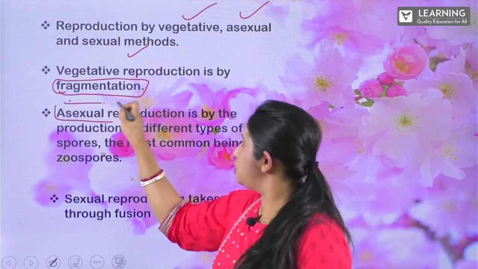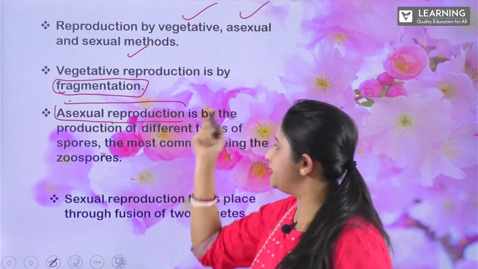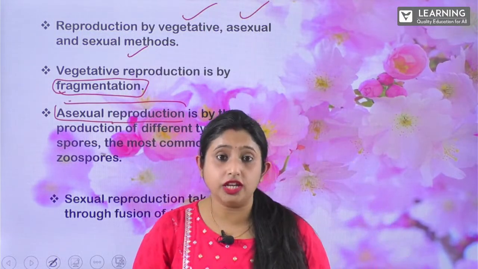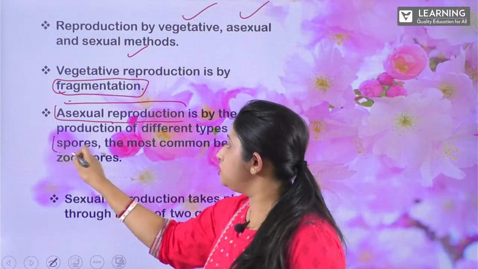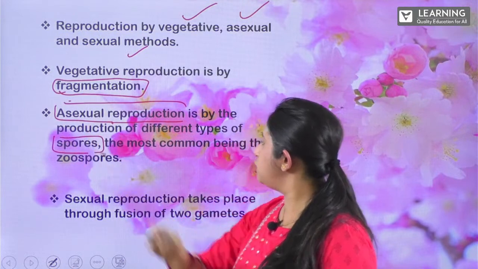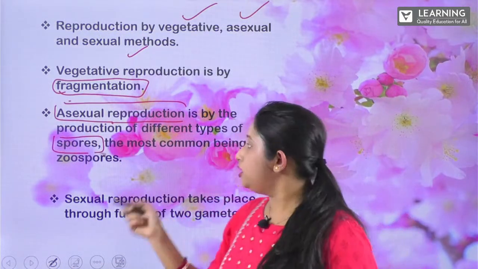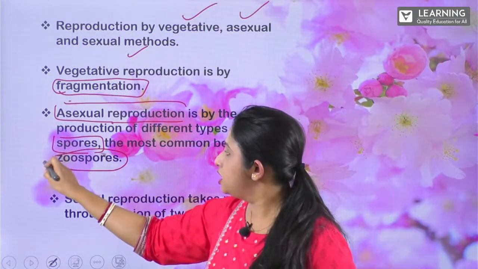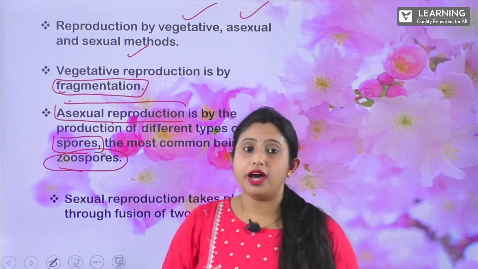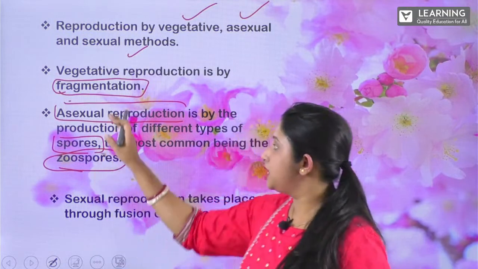What is the asexual mode of reproduction? Yes. They reproduce asexually by formation of spores. Clear? And the most common being the zoospores. So they reproduce by forming spores, that is asexual.